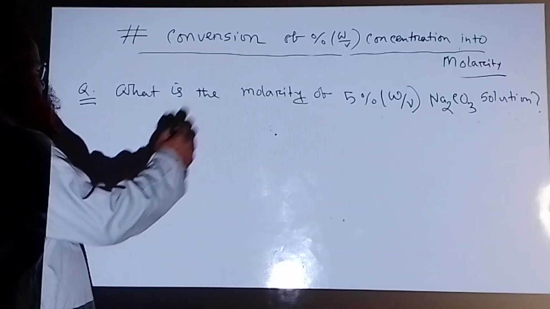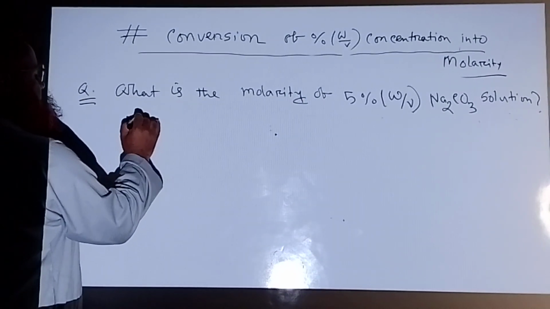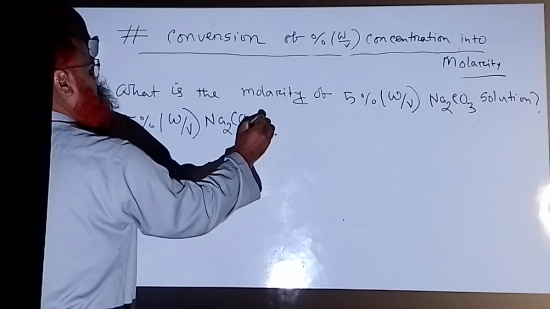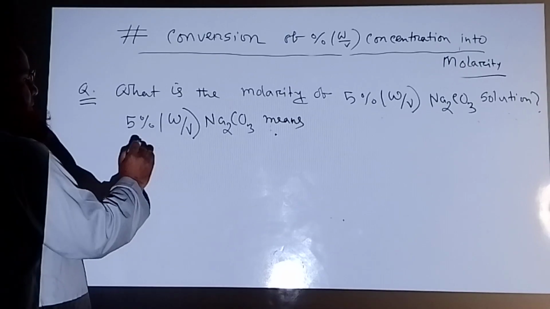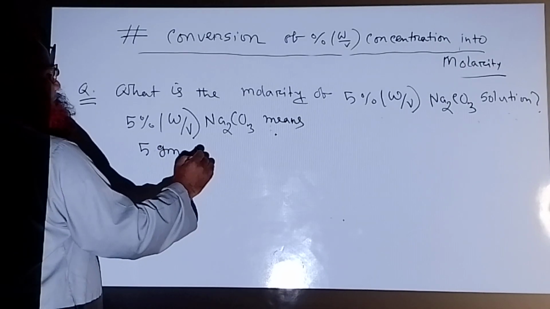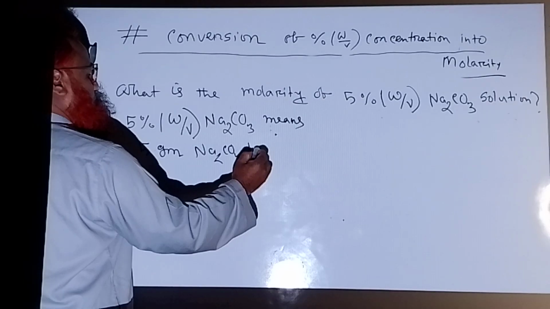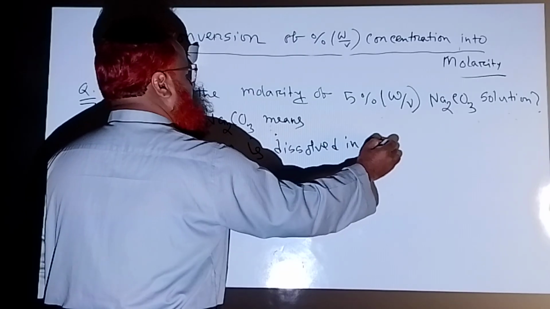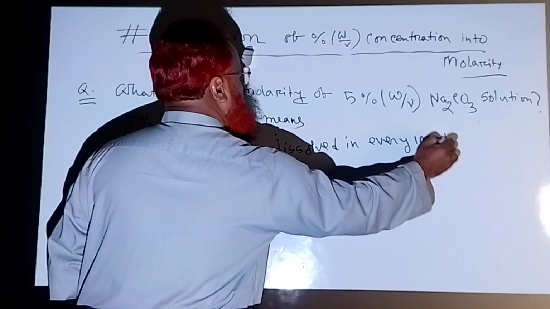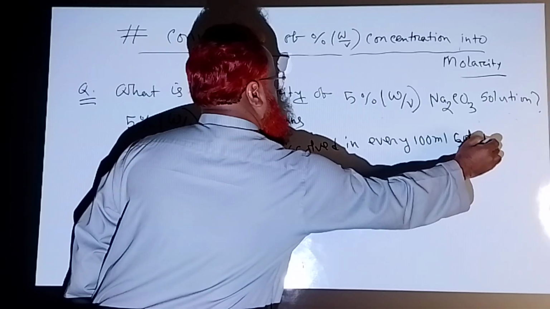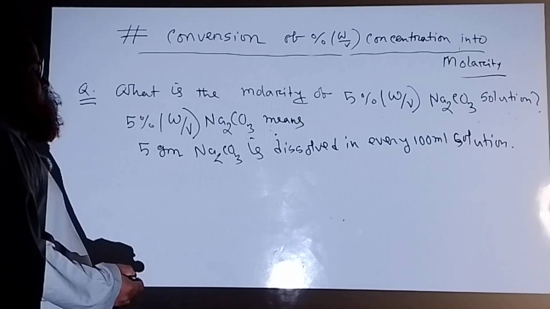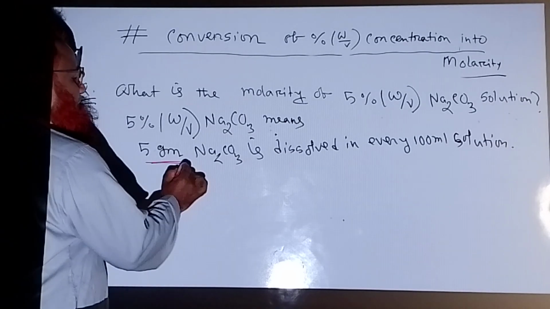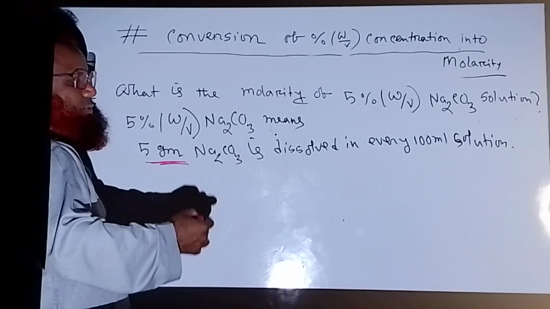Now, here 5% W by V sodium carbonate means 5 gram Na2CO3 is dissolved in every 100 ml solution. So, look at here, my dear student.